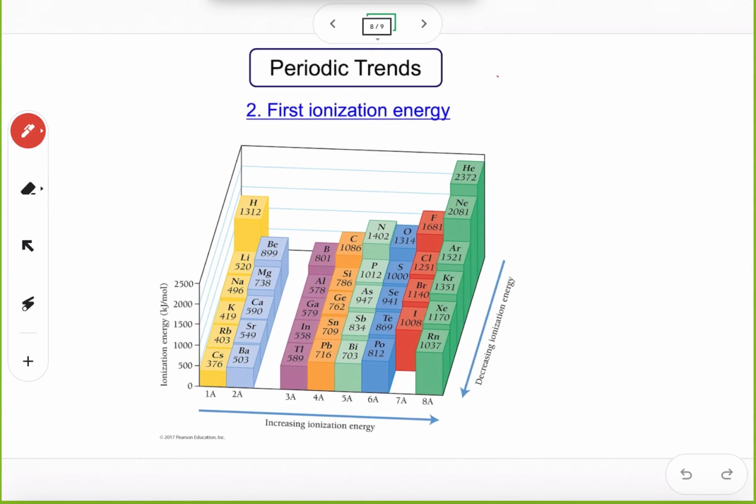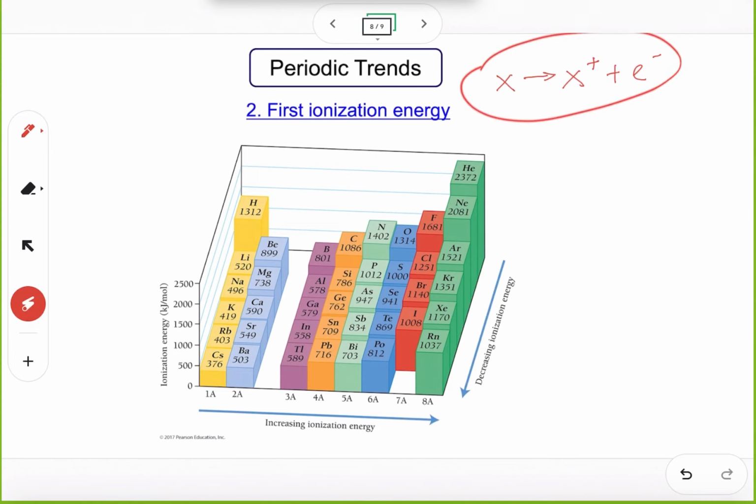The general equation is you remove one electron from neutral atom X to generate X plus cation. Of course, the electron would be the other product. In order to do this, you need to pay energy. How much energy you have to pay to generate X plus is called first ionization energy.